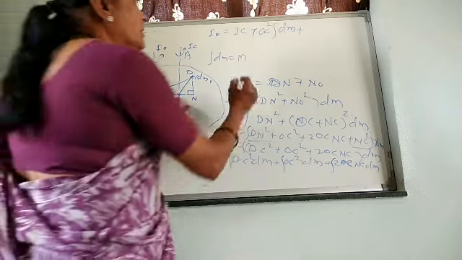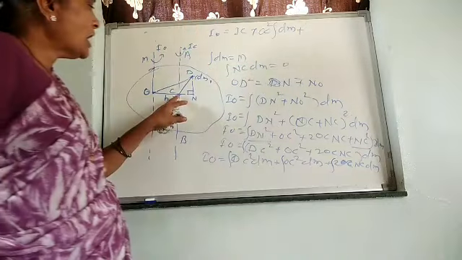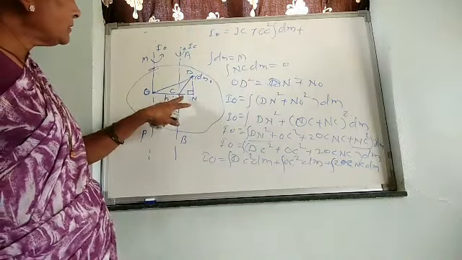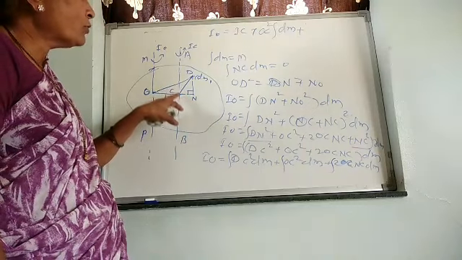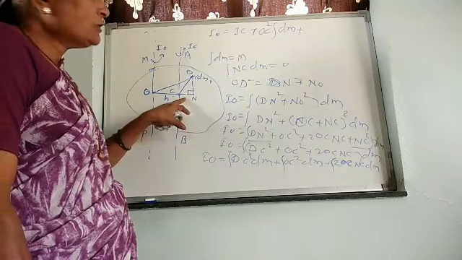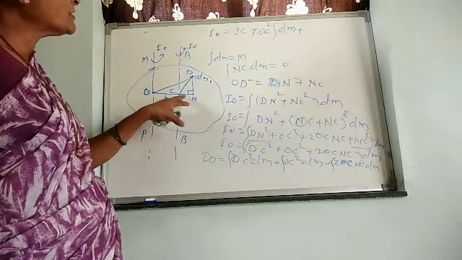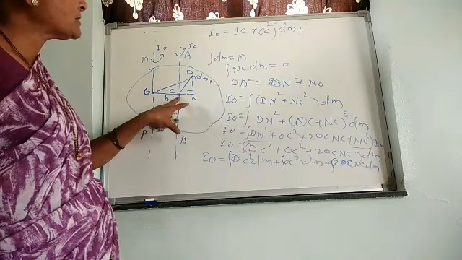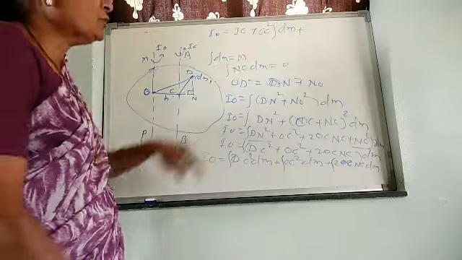Now here integral NC into dm is equal to 0. How is this? See here, this point N is at a distance NC from point C. According to the definition of center of mass, the mass distribution is symmetric about its center of mass, and therefore you can say that integral NC into dm is equal to 0.